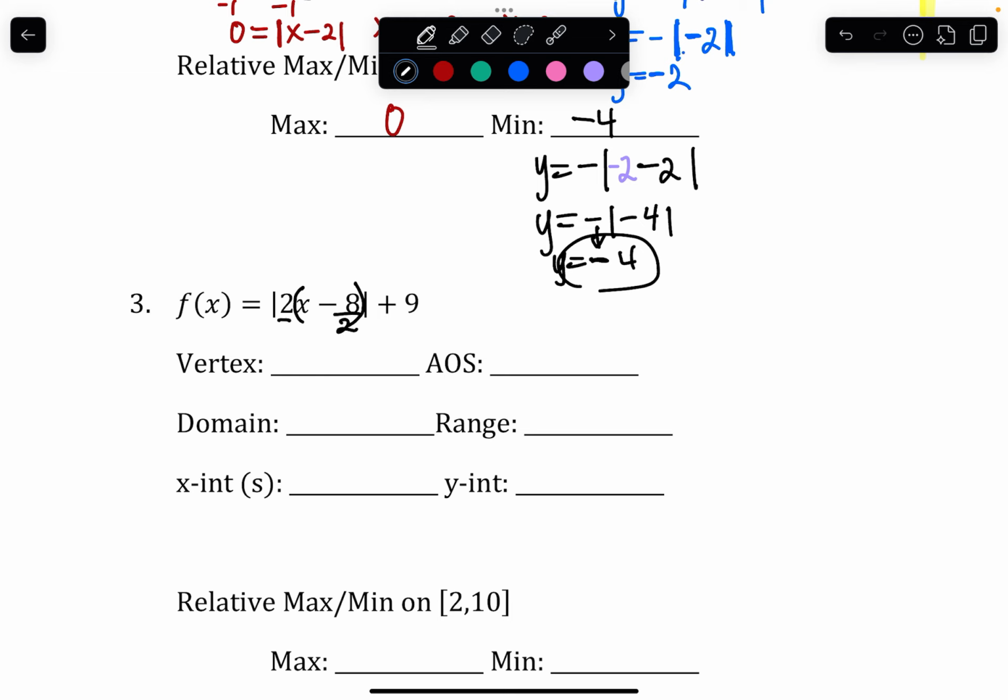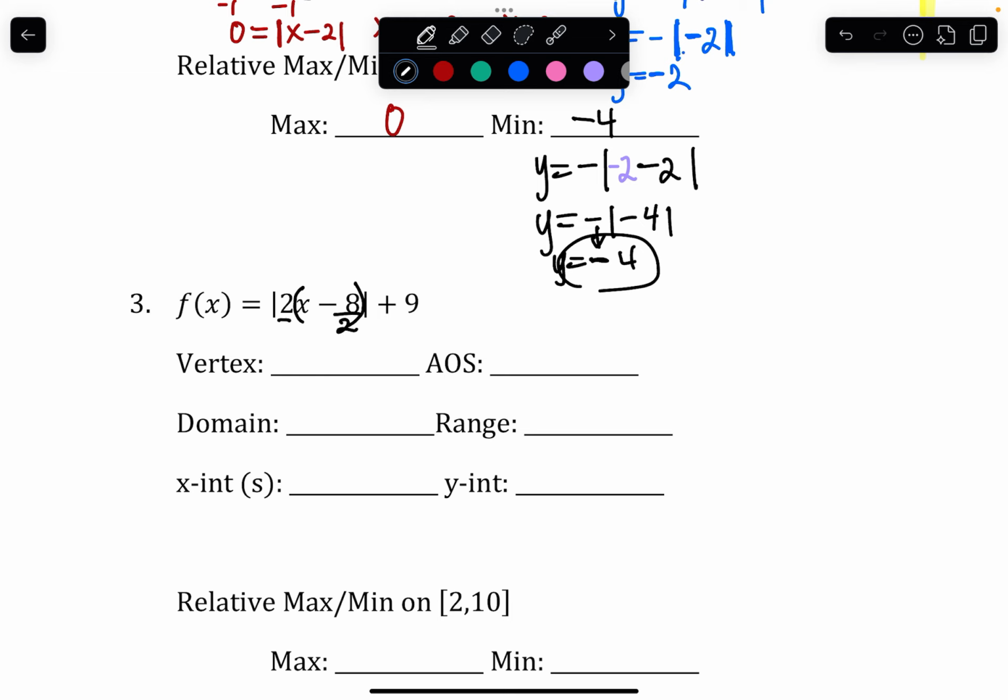Okay, and then our interval is going from x equals 2 to x equals 10, which is way over here. Okay, and so looking at my picture, I know my minimum is the vertex.